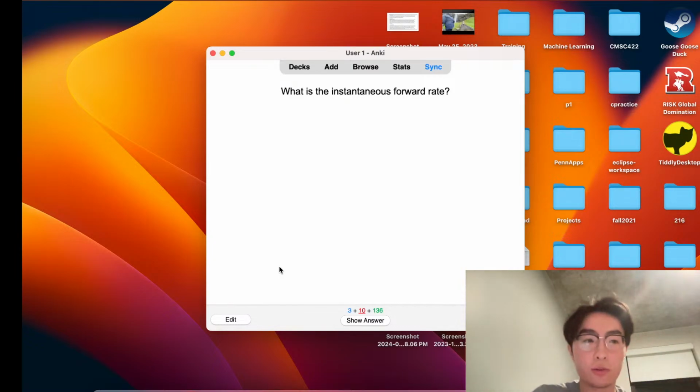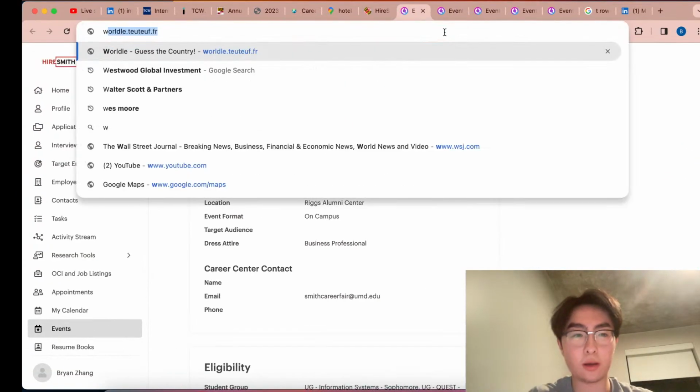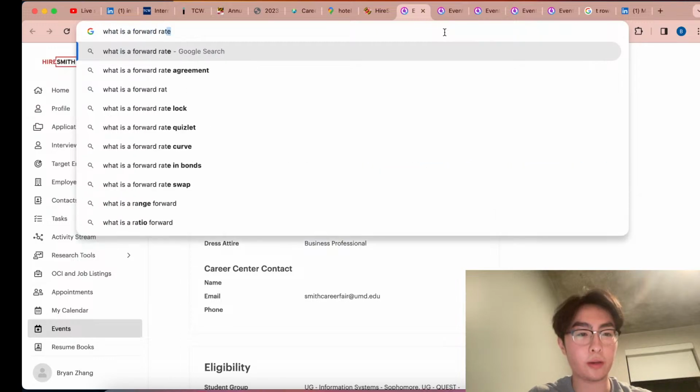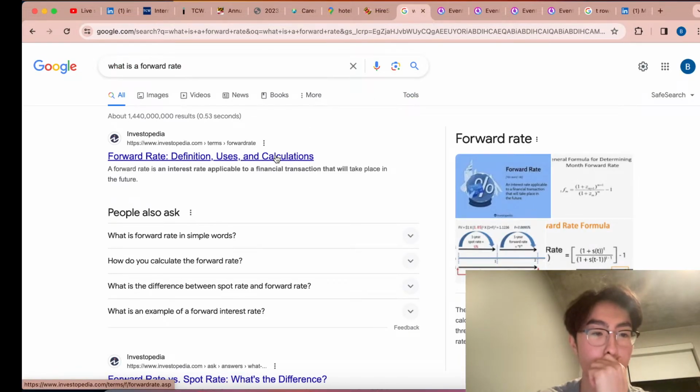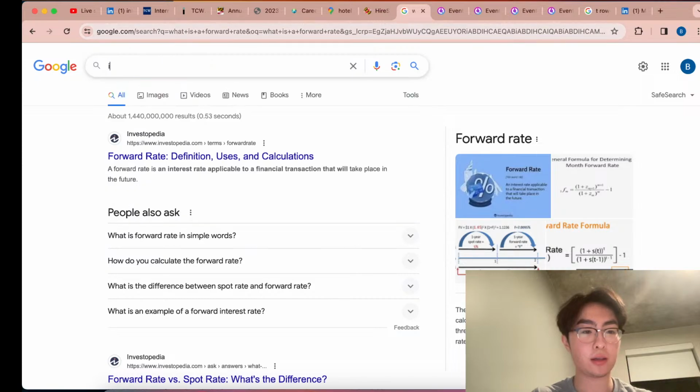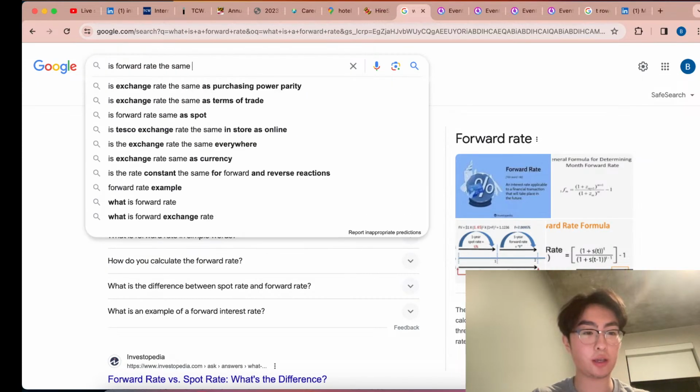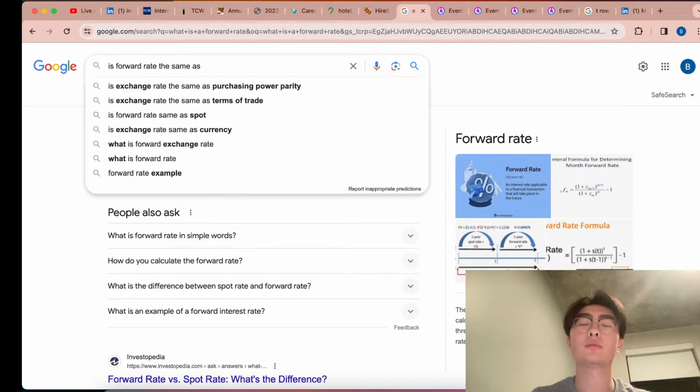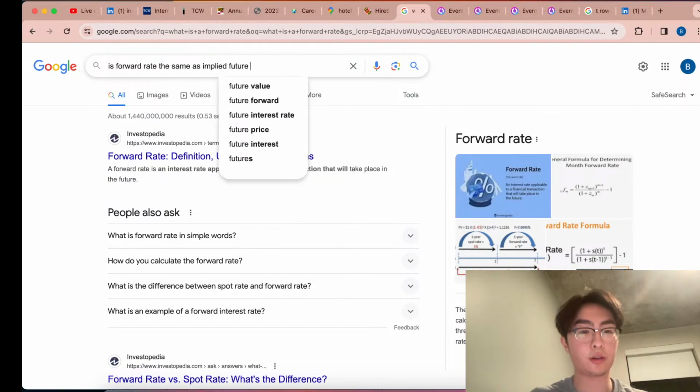What is the instantaneous forward rate? The instantaneous forward rate, I think, is the forward rates, which I think might be future rates. What is a forward rate? A forward rate is an interest rate.